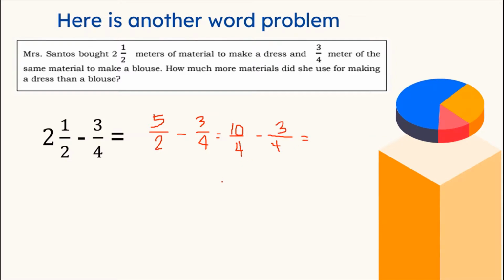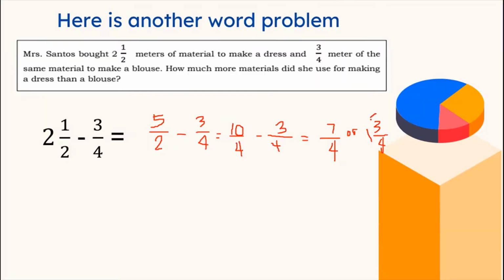Now let us subtract. 10 minus 3, the answer here is 7. And just copy the denominator 4. And to change this one into a mixed number, the answer for this one is 1 and 3/4.